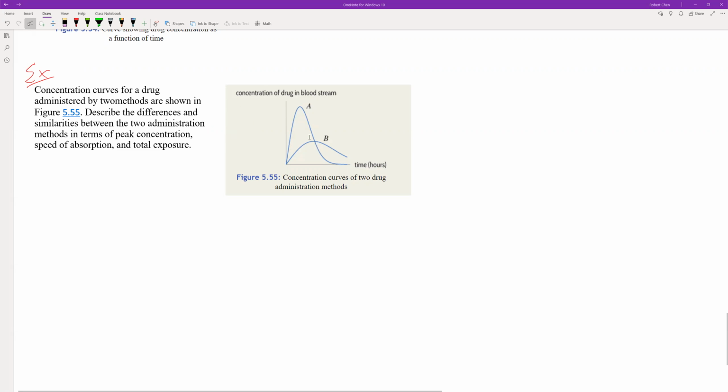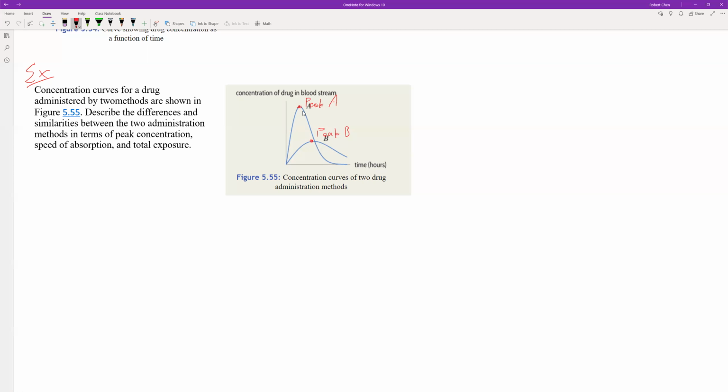We see that method A reaches its peak really fast and it's higher than B. Method A has a peak concentration almost more than twice the height of method B. So let's say this is peak A and this is peak B. It's much higher than peak B, and it also rises to the peak much faster.